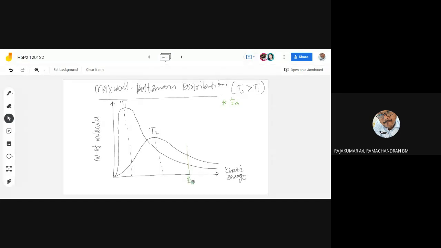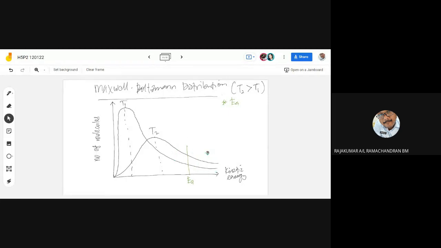Meaning to say, this part over here, on the right-hand side of the EA, the reacting particles, if they can overcome this activation energy, they will form product.